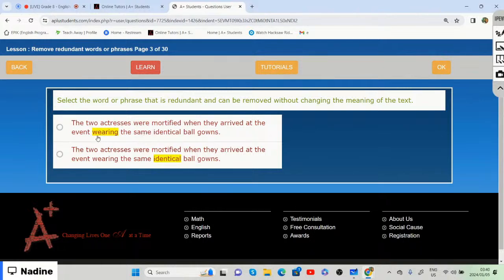Is it wearing or is it identical? Look at the word same. The synonym of same is what? Is it wearing? Or is the synonym of same identical?